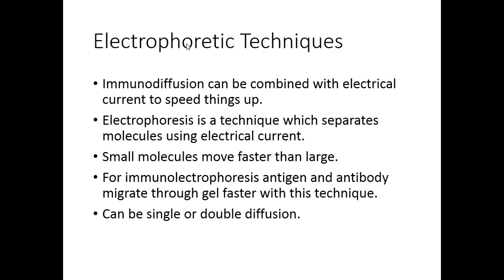We know that small molecules move faster than big ones, and that for immunoelectrophoresis, antigen and antibody will migrate through the gel faster because we're applying that electrical charge. We can either do single diffusion, in one direction, or we can do it in 2 directions, vertically and horizontally.